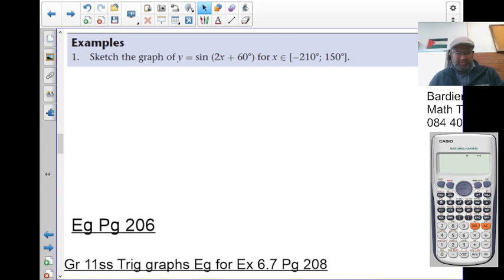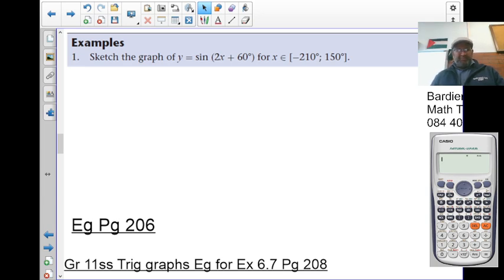We're going to work in degrees, so in settings we change from radians to degrees. What was the domain of the graph? Negative 210, so I'm going to go to negative 225 and 150.